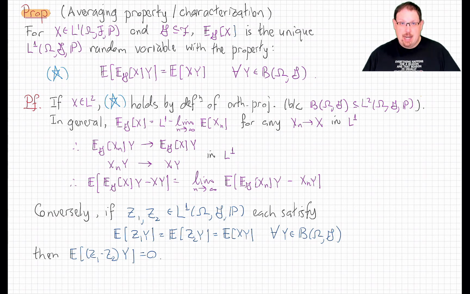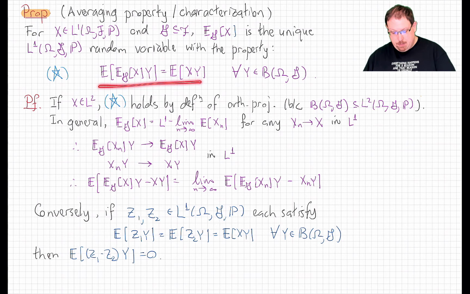This is exactly the property for L2 that gives the orthogonality condition defining orthogonal projection, except now it doesn't really make sense to talk about orthogonality because our functions are not necessarily in L2. Nevertheless, we can still take these expected values, and this still uniquely pins down what conditional expectation is.